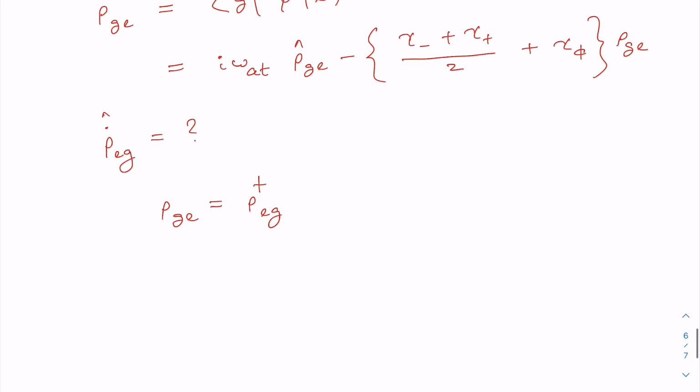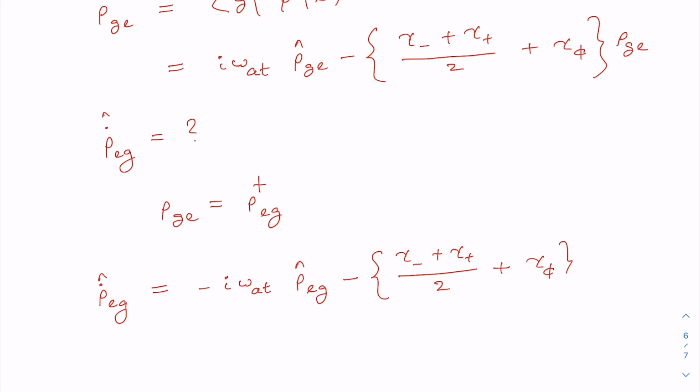So utilizing this we can immediately write the time evolution of the density matrix element rho ez is equal to minus i omega atom rho ez minus gamma minus plus gamma plus by 2 plus gamma phi rho ez. So we have obtained all the evolution terms for the density matrix element.